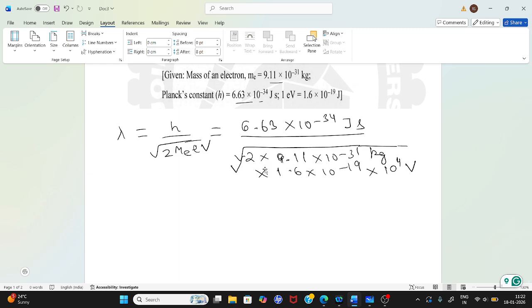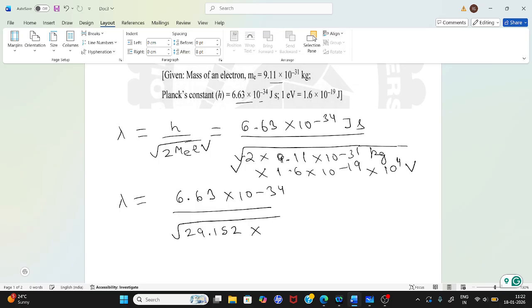I have calculated it. You are going to get 6.63 multiplied by 10 to the power minus 34 divided by the square root of 29.152 multiplied by 10 to the power minus 46. The square root means the whole to the power 1 by 2, so you take half the exponent and the square root of the other number.